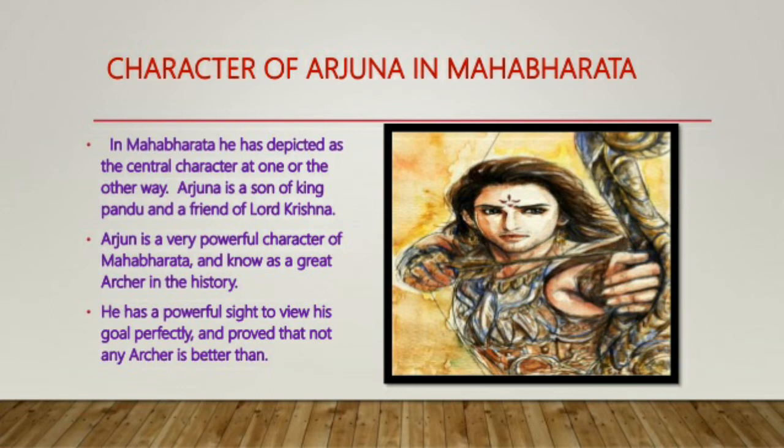Arjuna is the son of King Pandu and a friend of Lord Krishna. Arjuna is a very powerful character of the Mahabharata and is known as a great archer in history.